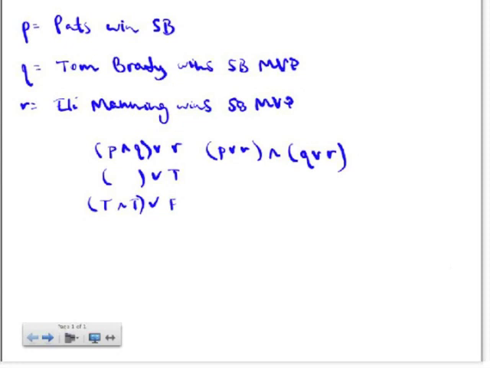If we look at the statement on the right, we can see that if R is true, then both P or R will be true, and Q or R will be true, meaning that the overall AND statement will also be true.